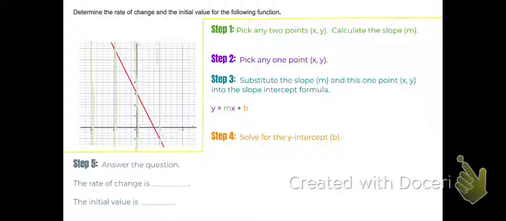I'm going to try to pick 2 points that are on this red line, that are on this grid paper I'm showing you here, because these light green lines represent whole numbers on my number line.